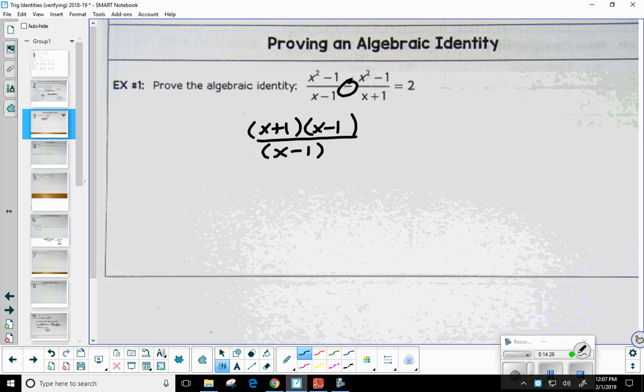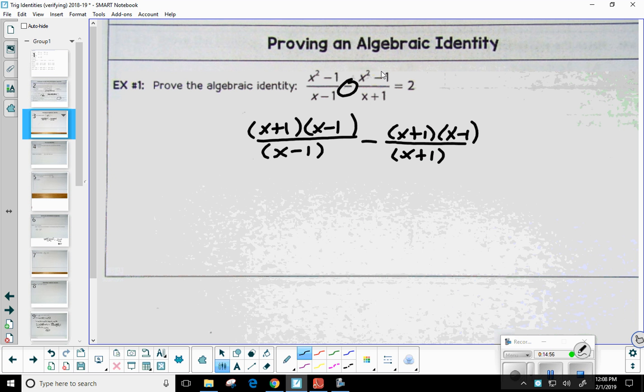Then we have this minus right here. Now it's over x plus 1. But x squared minus 1, well, that's going to factor again into the conjugates, x plus 1, x minus 1. Now remember, I'm not even writing equals. We're not solving this equation. I am choosing one side, and I just want to show that it does equal the other side. I want to verify that this is true.